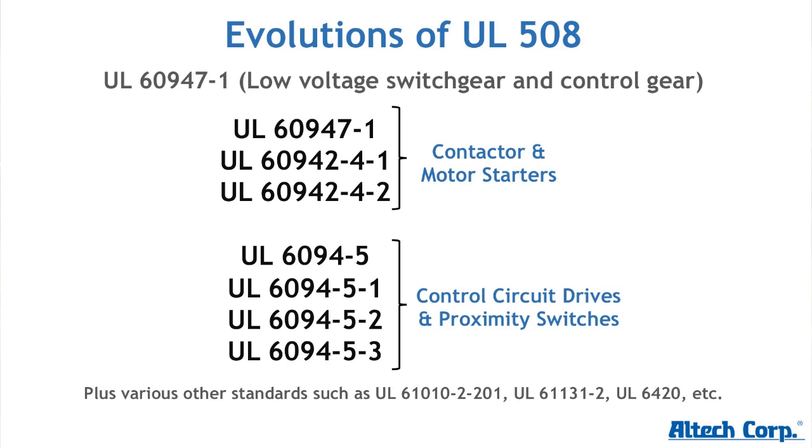For example, I'm here at Altech, I get customer calls daily and people ask me, I need UL 508A approved components. There are no UL 508A approved components. There are UL 508 approved components, but they are not UL 508A approved components.